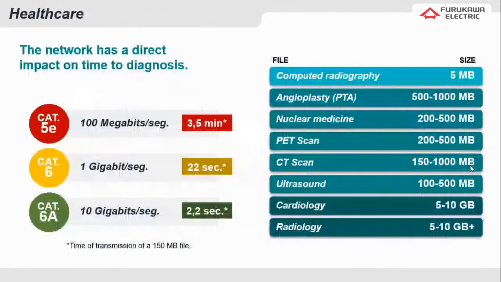Now, this is an example regarding the healthcare segment where the network has a direct impact on time to diagnosis. On the right side, we have the typical file size of different sorts of medical images. Take, for instance, a file of 150 megabytes.